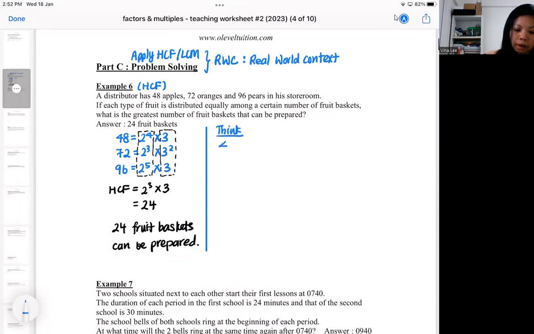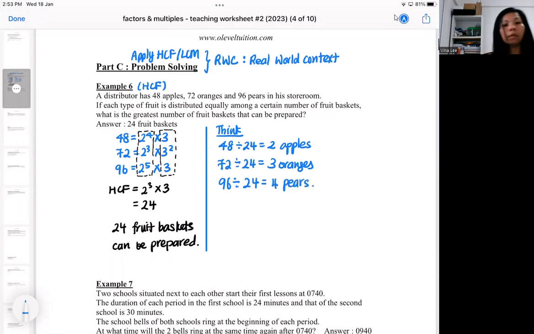If I'm going to divide the 48 apples into the 24 baskets, each basket is going to get 2 apples. Then 72, I'm going to divide into the 24 baskets, and I'm going to get 3 oranges. And then for 96, I'm going to divide by 24. I actually get 4 pears.